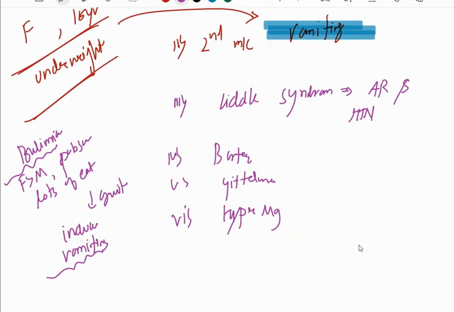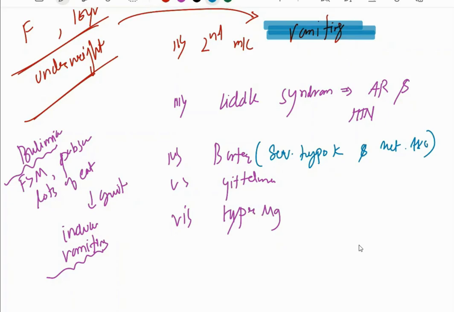The same is seen in Bartter's and Gitelman. In Bartter, there is more severe hypokalemia and metabolic alkalosis than Gitelman, but the mechanism is the same. In Bartter syndrome, there is inhibition of the sodium-potassium-2-chloride channel.